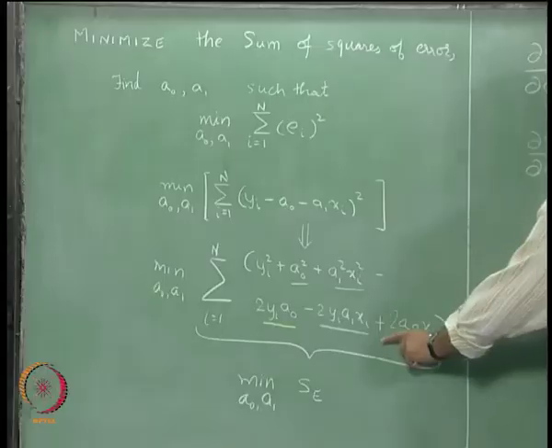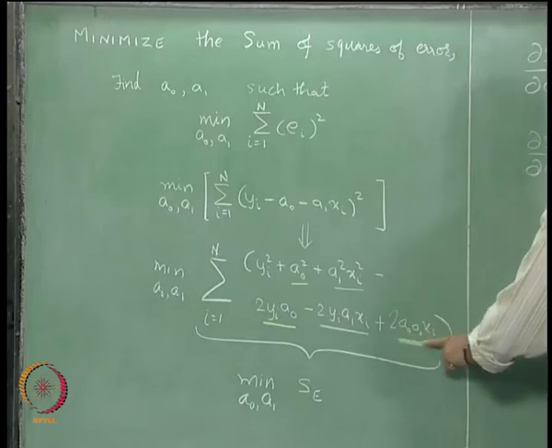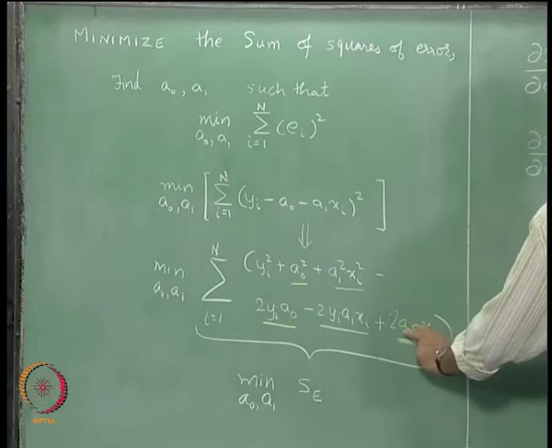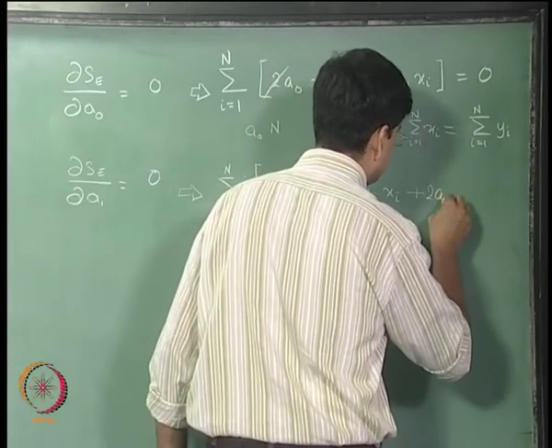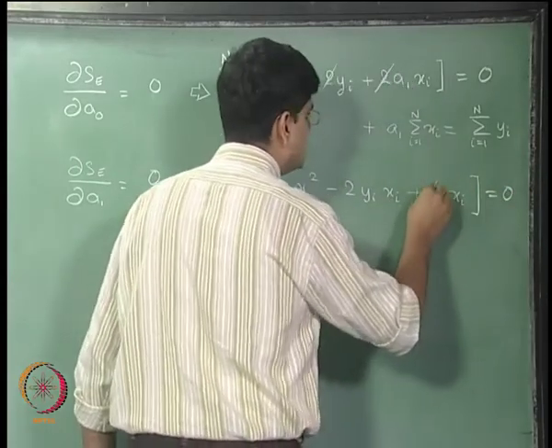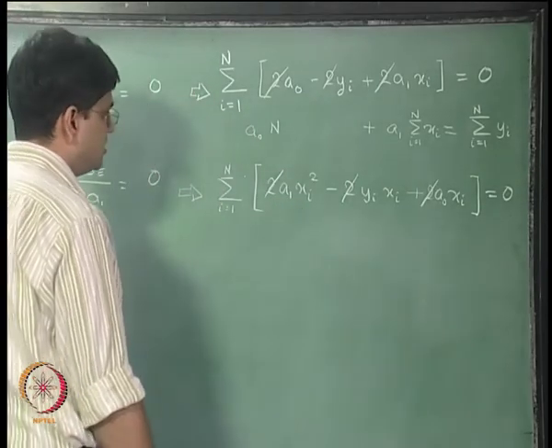And the third term is plus 2 times a0 xi, since we are differentiating this term with respect to a1. Equals 0, and again we will discard these 2's.